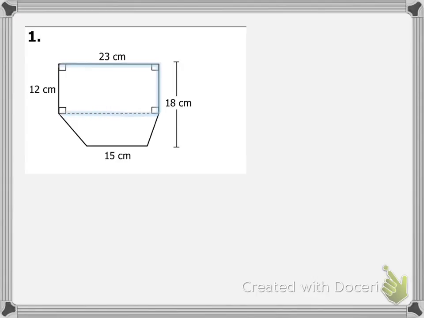So this could be my first area that I want to find. The area of a rectangle is length times width. So it would be 23 times 12. So the area here will be 276.